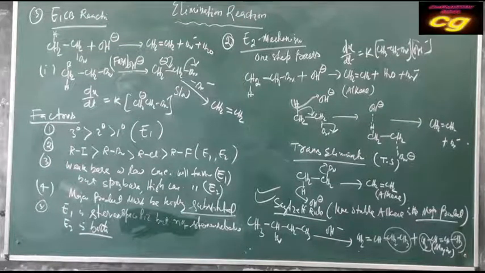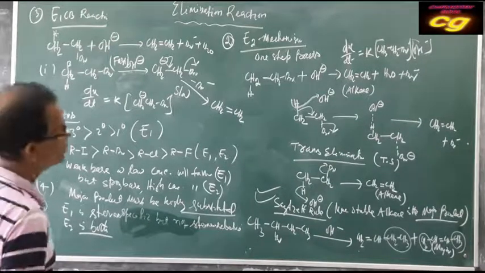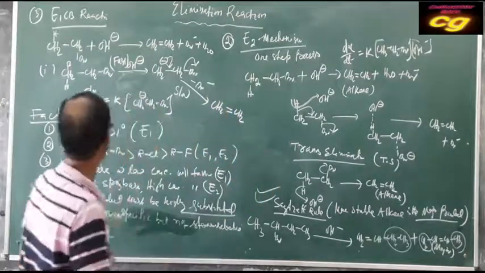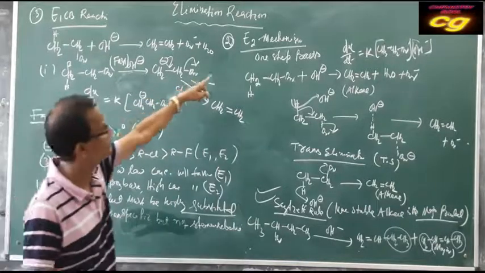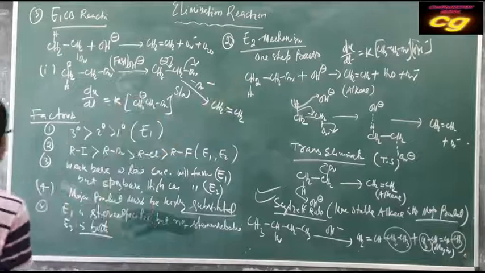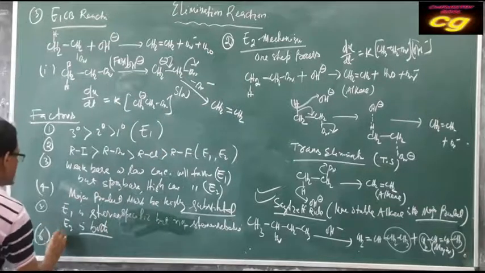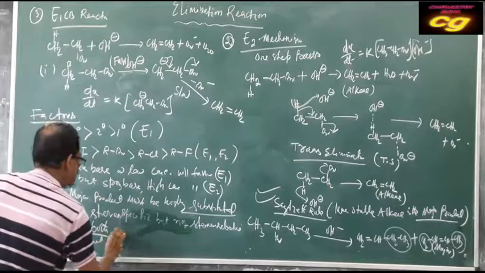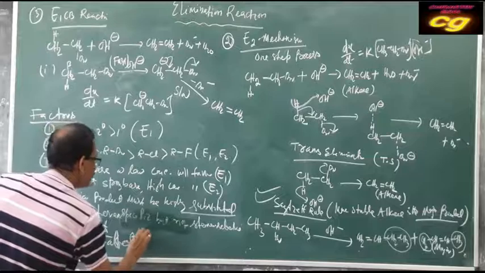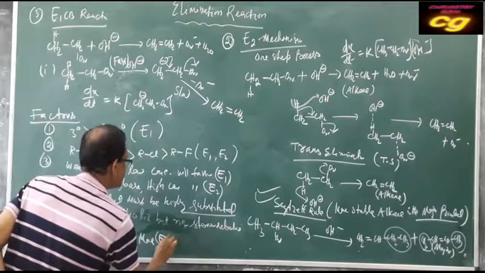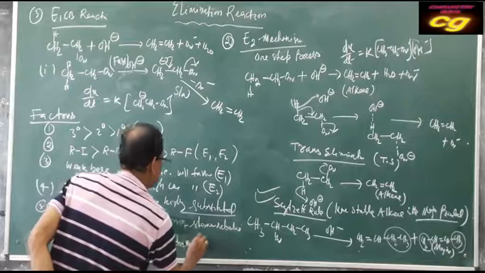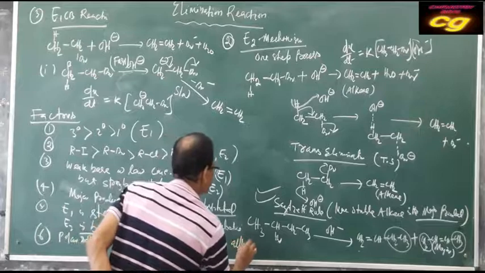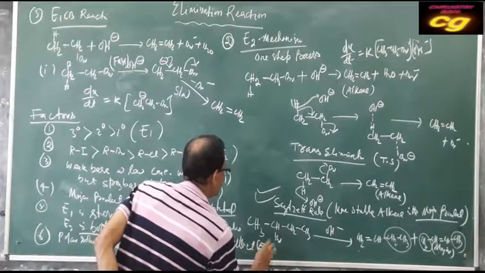So these are the important conditions and factors for elimination reactions, and we have to see in which example is elimination, which example is E1, which is E2. We have to take care of this. Another thing you can take: polar solvent favors the E1 mechanism, but non-polar favors the E2 mechanism.